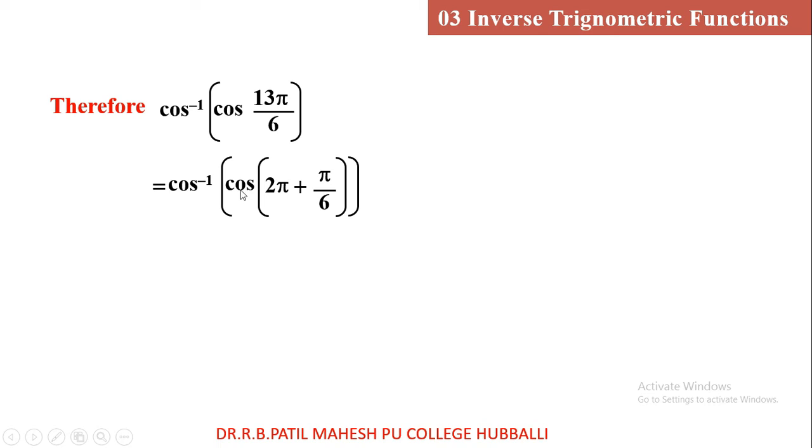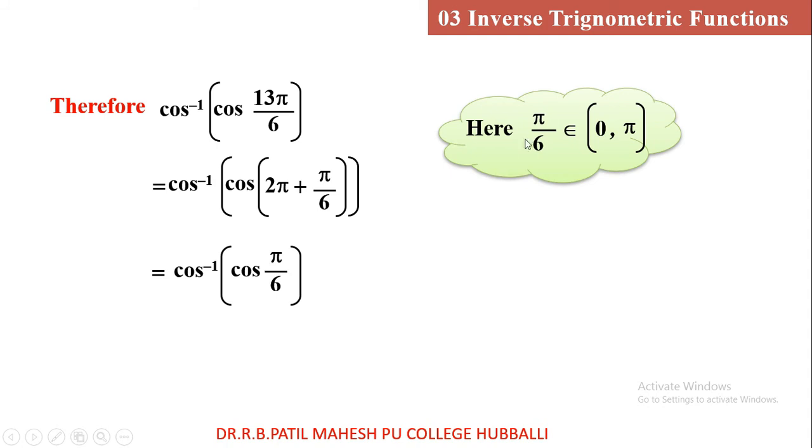Now apply cos 360 plus theta. 360 plus theta is in the first quadrant. Cos is positive. So 2 pi is an even number, cos will not change. So cos of 2 pi plus pi by 6 is cos pi by 6 only. Hence cos inverse of cos pi by 6. Now you can remove cos inverse and cos because pi by 6 lies in the range of cos inverse, that is the closed interval 0 comma pi. Hence, the value of this expression is just pi by 6.